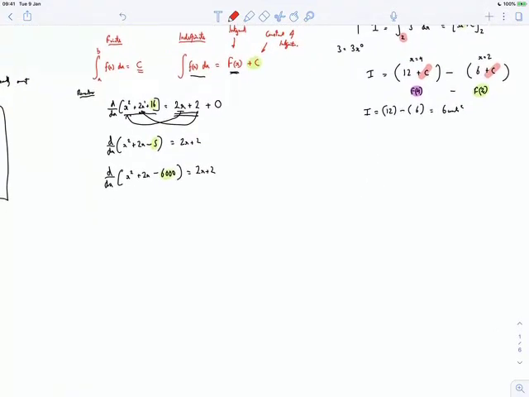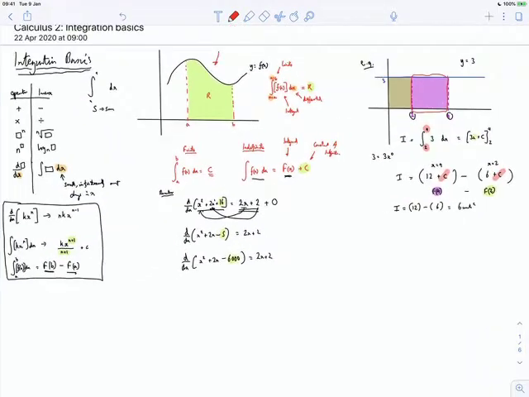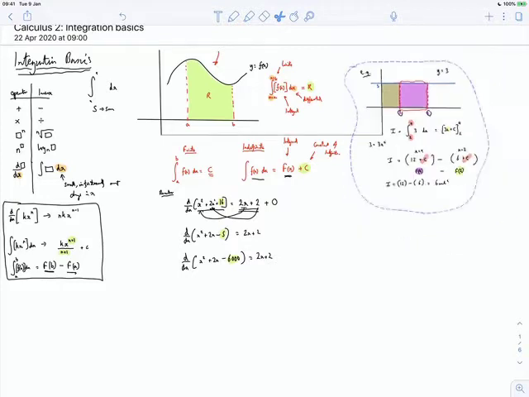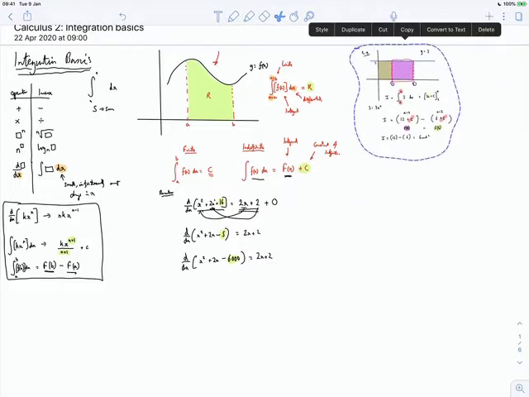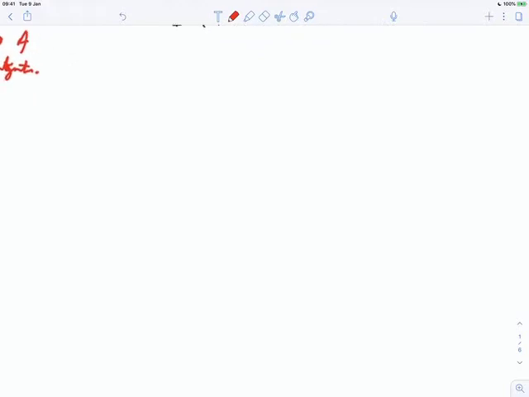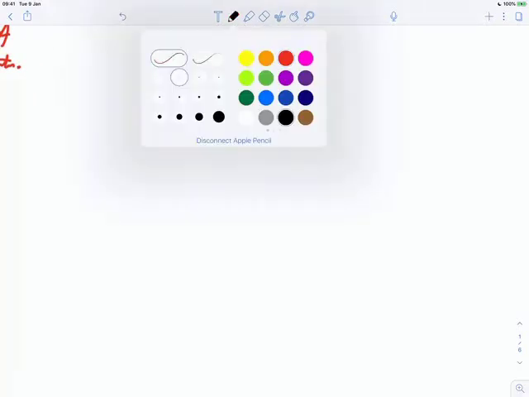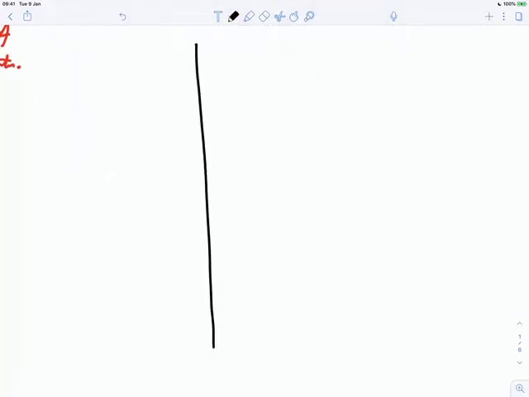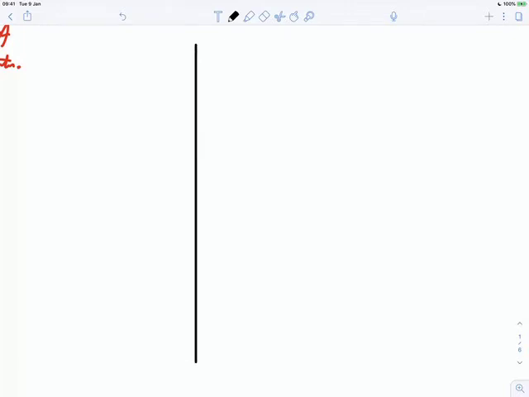Let's say, okay, and let's make this all a little bit smaller. Let's take a more challenging example. So let's suppose I have the y equals x squared plus 2x graph.